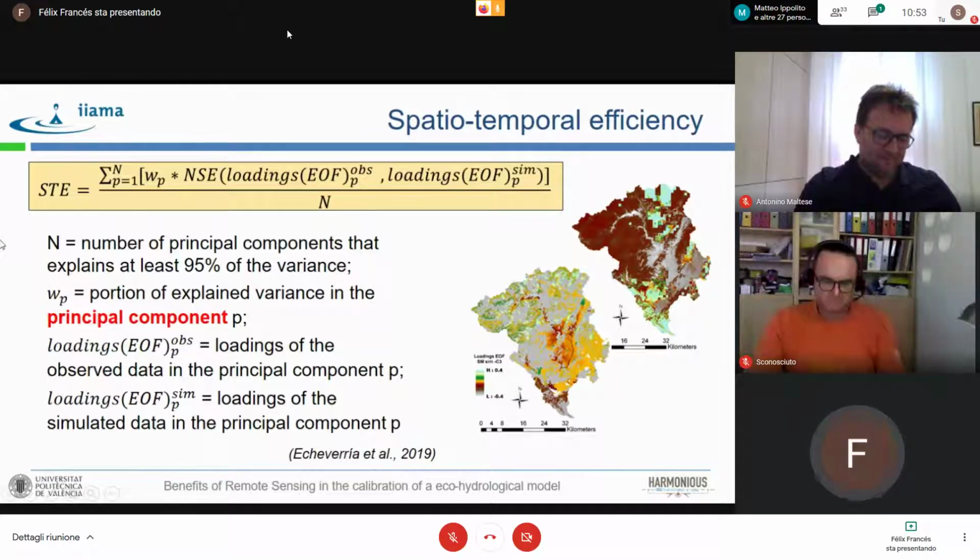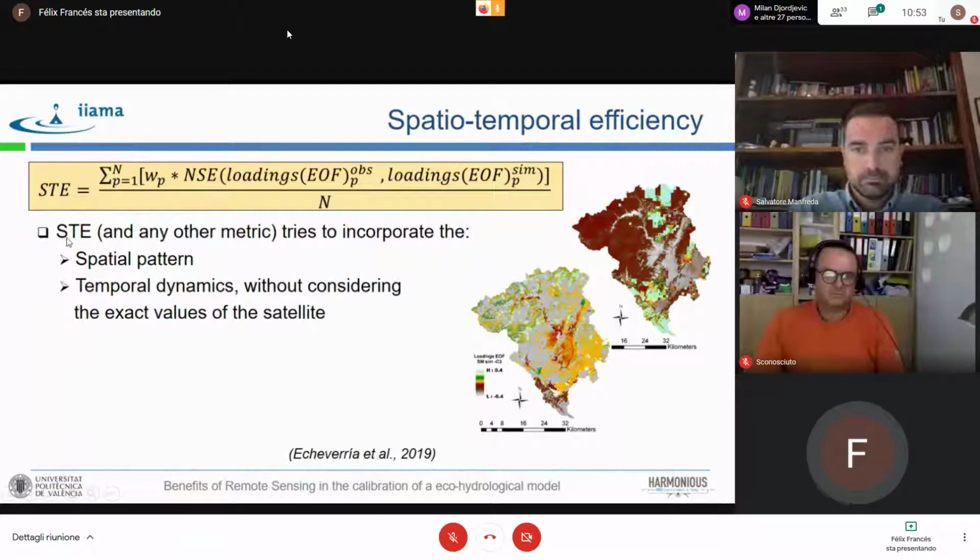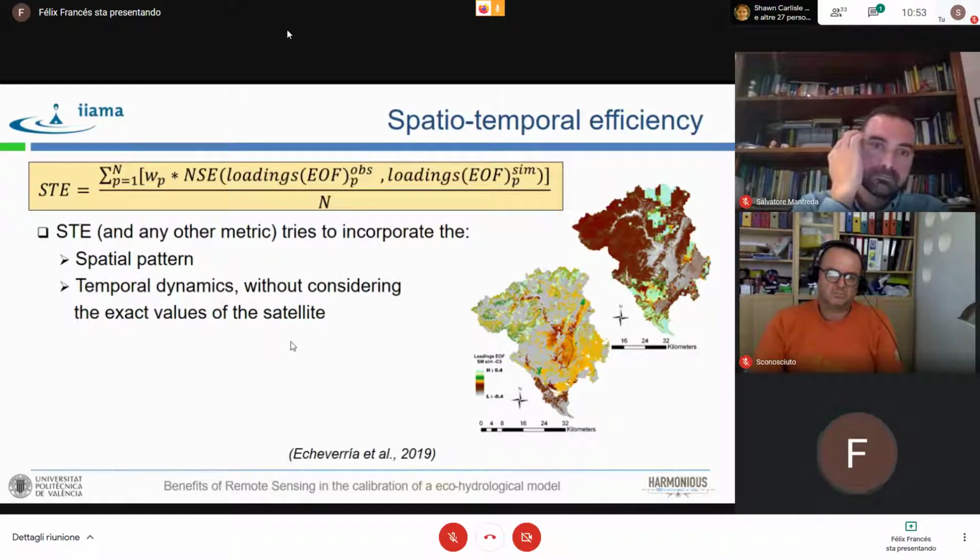And the weight is the portion of explained variance. The idea is that this metric, or any other metric, should incorporate the spatial pattern for sure, and the temporal dynamics, without considering the exact values of the satellite or your product, if we are feeling that the exact value is different from the observation.